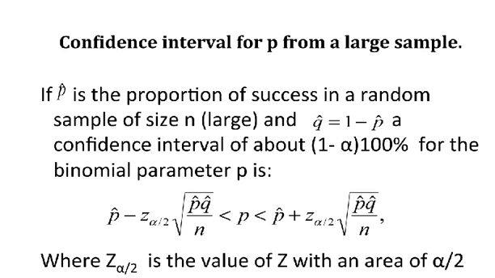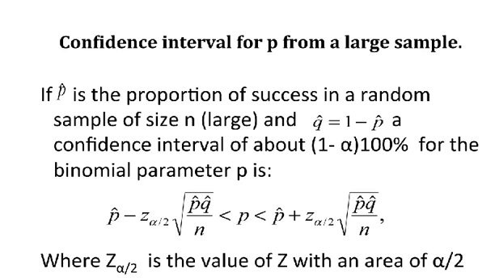So we can use this confidence interval for p with a large sample. So we don't have any options here. We need a large sample to use this p confidence interval. So we have p hat, that is the proportion of success in a random sample of size n, that is large, and of course you know that q is 1 minus p.